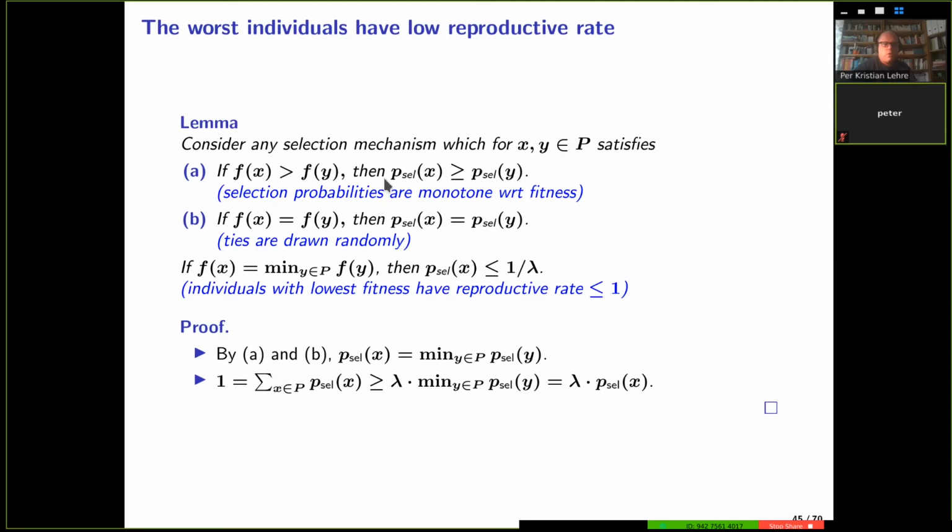So by A and B, the probability of selecting an individual x is going to be at least the same as the probability of selecting an individual with the lowest fitness.